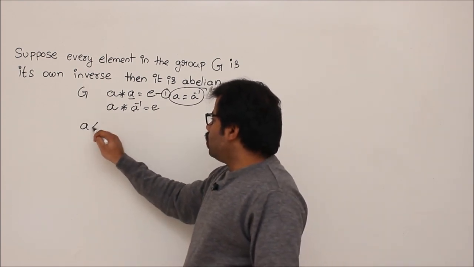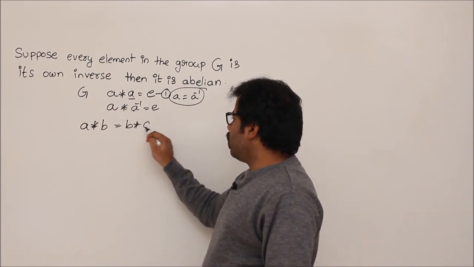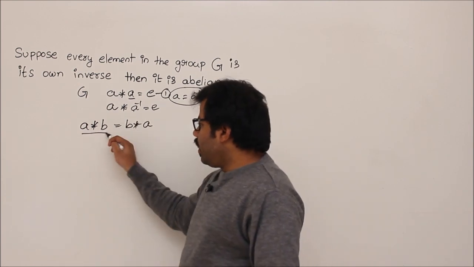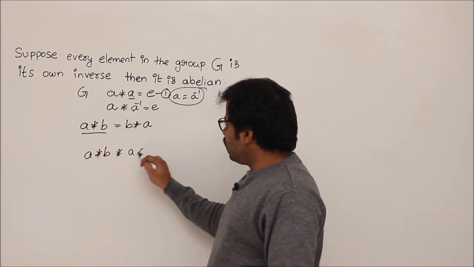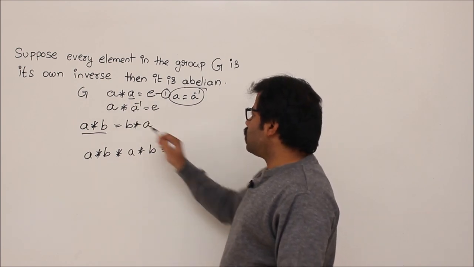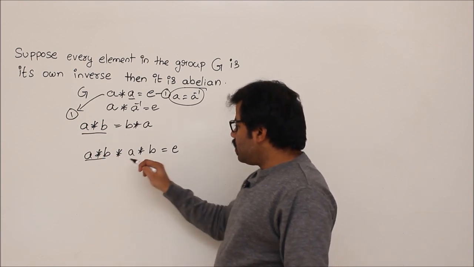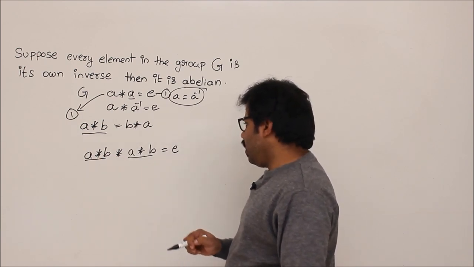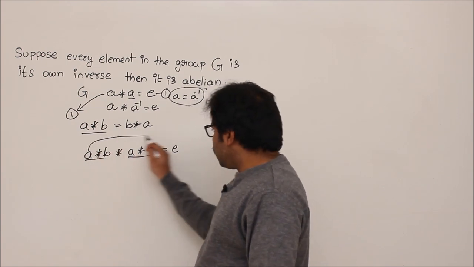Now, the thing to be proved is A star B equals B star A. What I do is, I take A star B, I apply A star B again, because I know something about A star A. So I use this as a clue. So A star B star A star B is also E. Now slowly I send this A to this side.